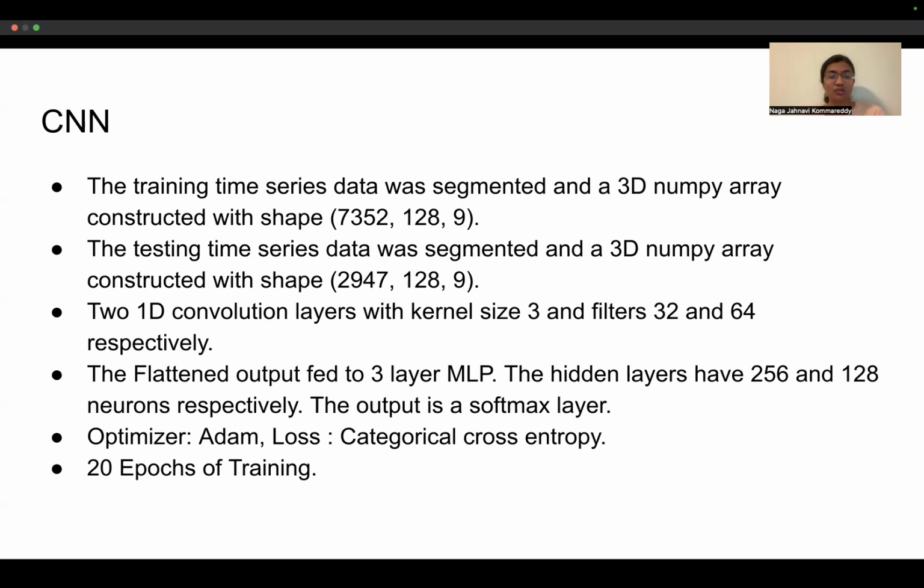The flattened output after the convolution layers is fed to the 3-layer MLP. The hidden layers have 256 and 128 neurons respectively, and the output is a softmax layer. The optimizer used was Adam and categorical cross entropy loss with 20 epochs of training.